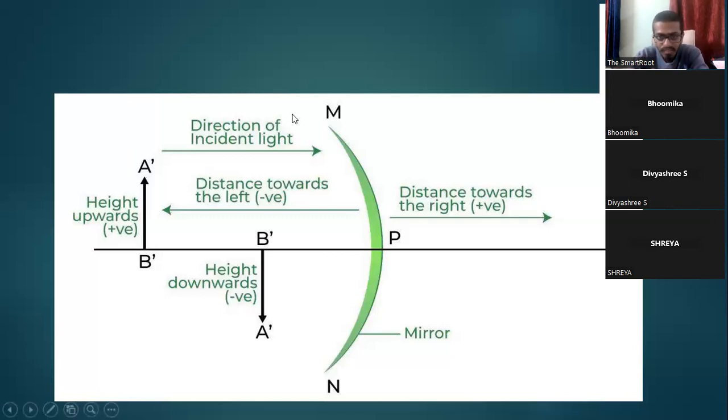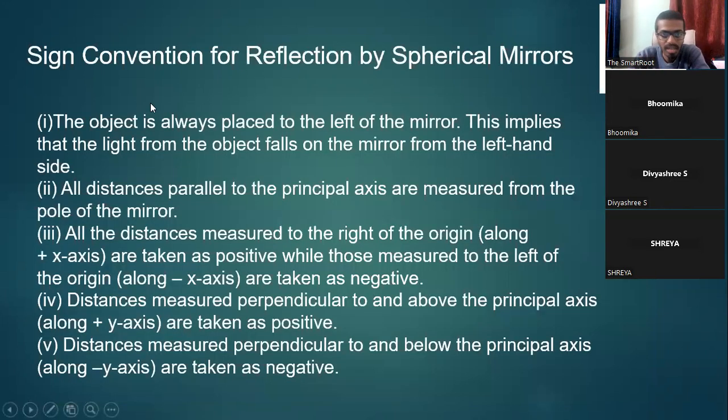Now, in the concave mirror, looking at the principal axis, whichever direction the incident light is travelling in is the positive direction. The direction opposite to the incident ray is negative. These are the rules of the sign convention.